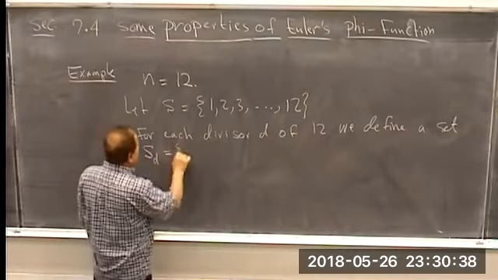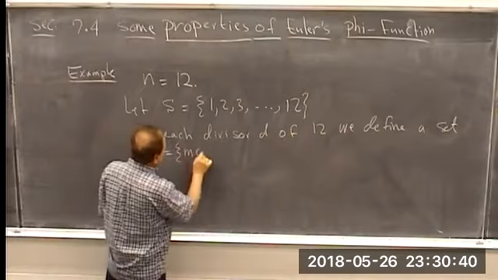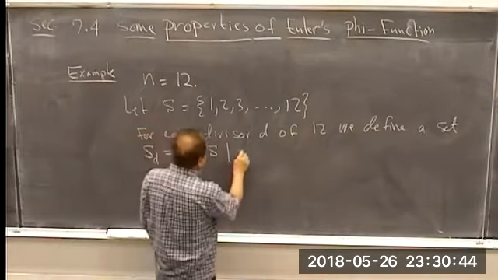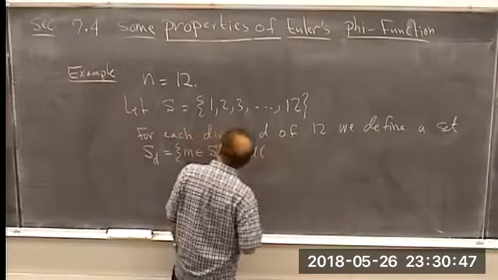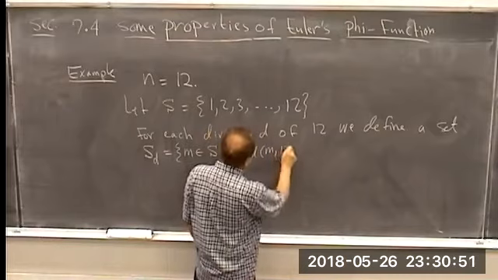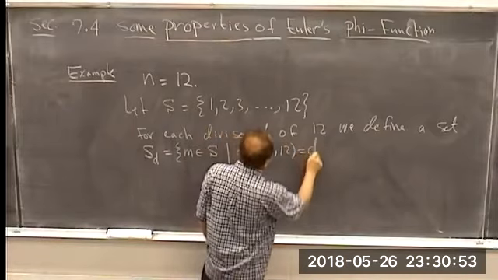This one consists of the integers m in S such that the greatest common divisor of m and n, which is 12, is equal to d.